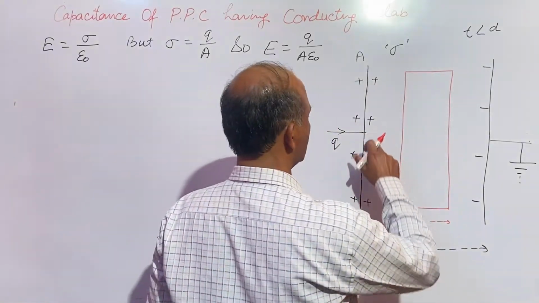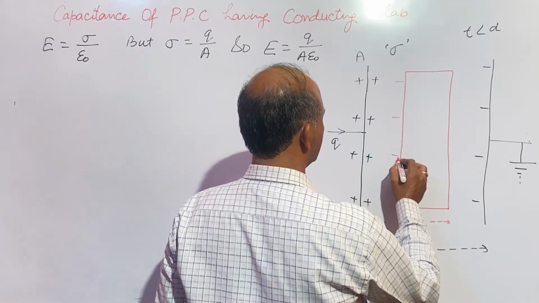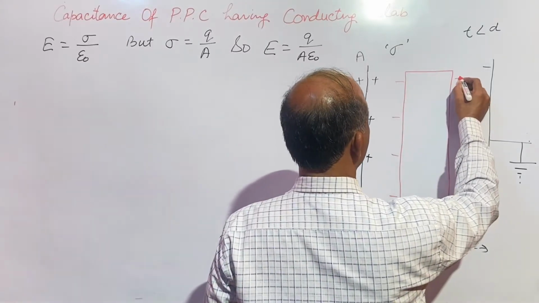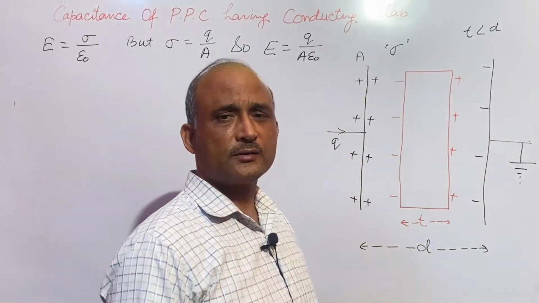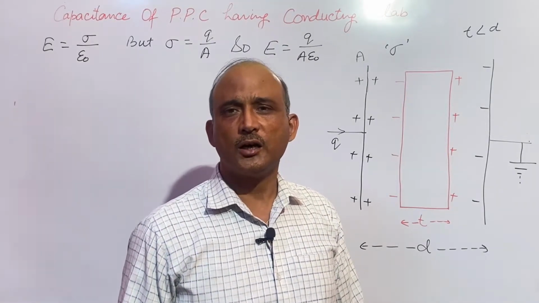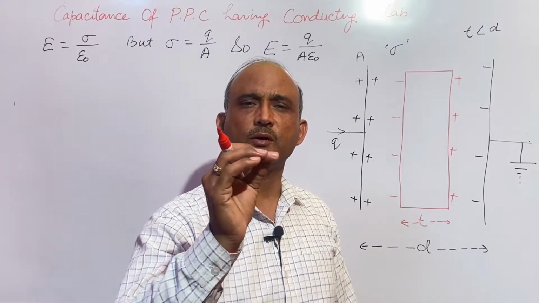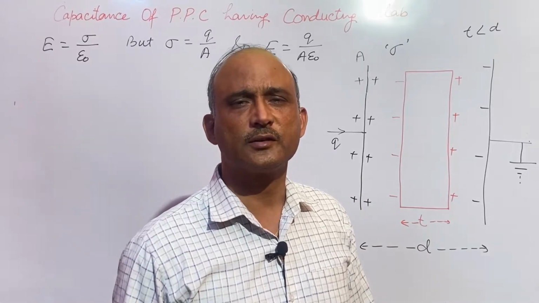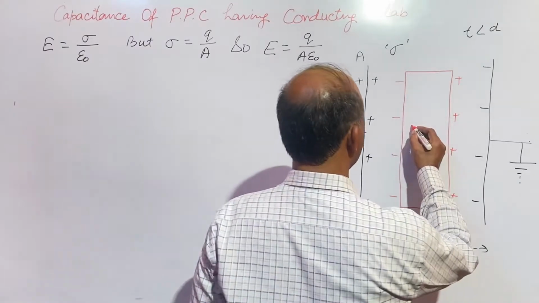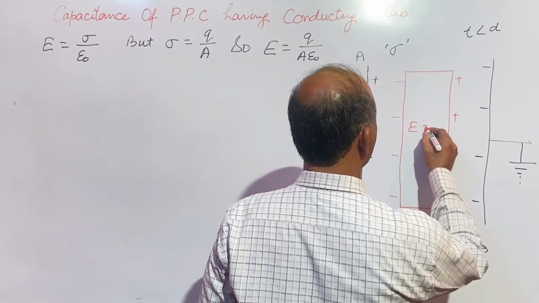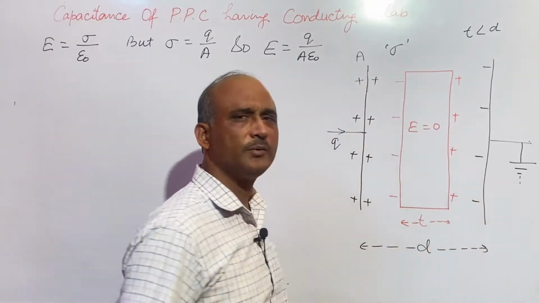Due to the induction, minus q will be induced at this face and plus q at this face. Since the charge is distributed over the surface of the conducting slab, there will be no charge inside it. Hence, the electric field inside the conducting slab will be zero.